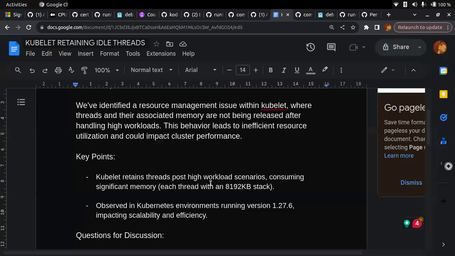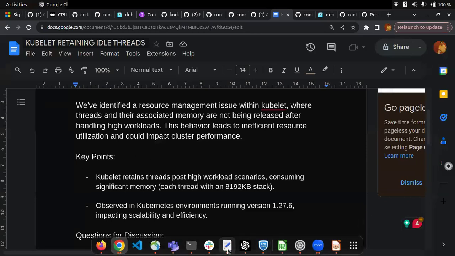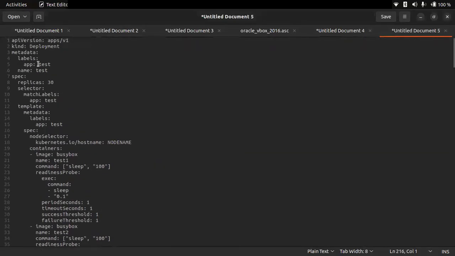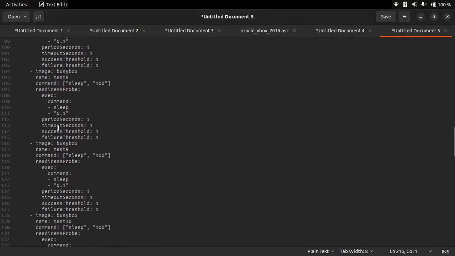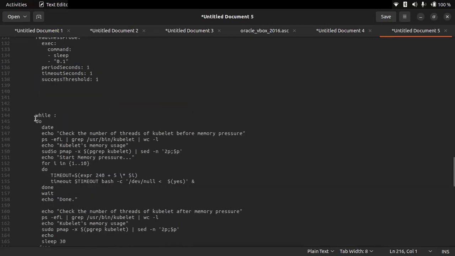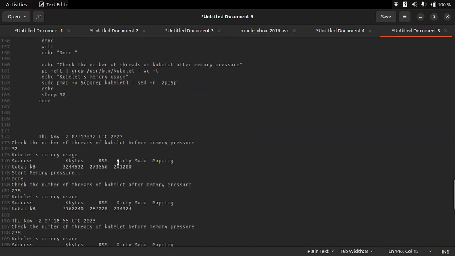For testing purposes, I deployed this deployment. I applied it, and after running this memory script, which is a memory script to pressurize one of the nodes, these are the logs.